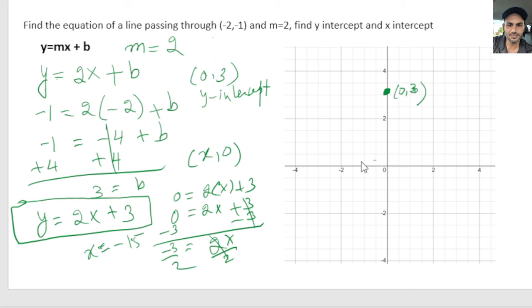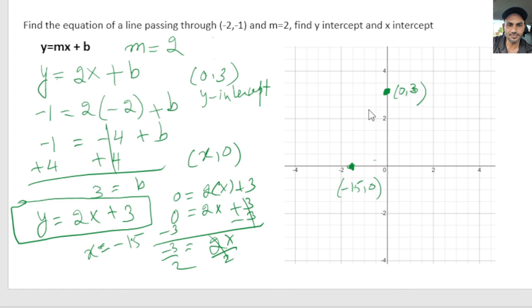So here we have 1 right here. Negative 1.5 would be around here, like around this point right here. So this is your x-intercept, negative 1.5 comma 0.